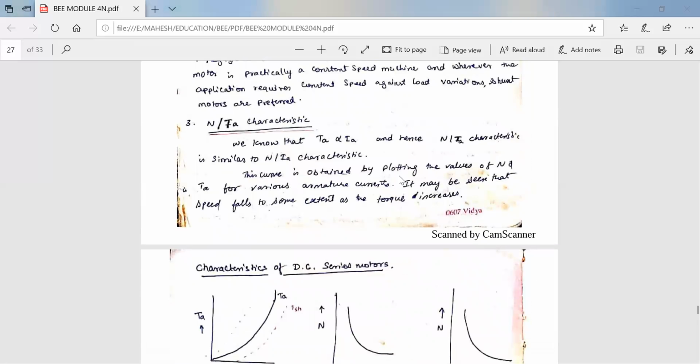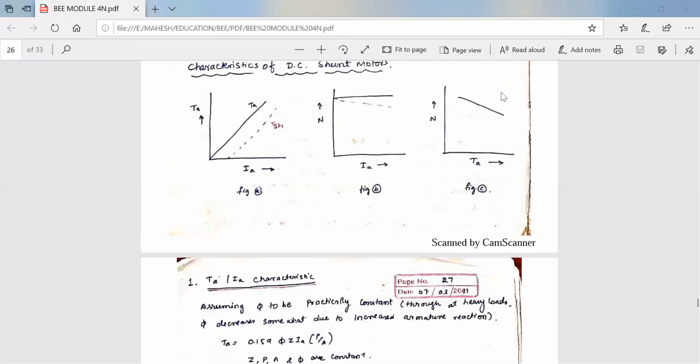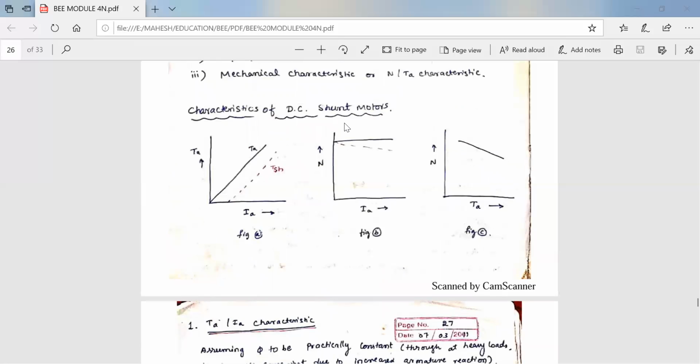This curve is obtained by plotting the value of speed with respect to Ta for various armature currents. It may be seen that the speed falls to some extent as torque increases. Whenever the torque increases, the speed decreases by a very small amount. Both curves are almost the same.